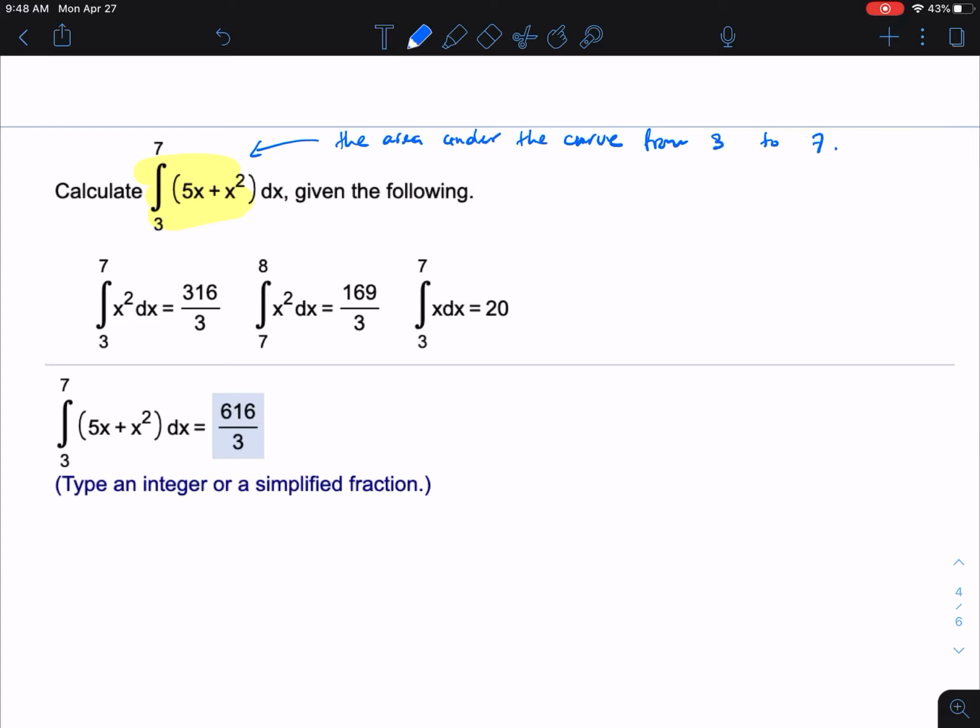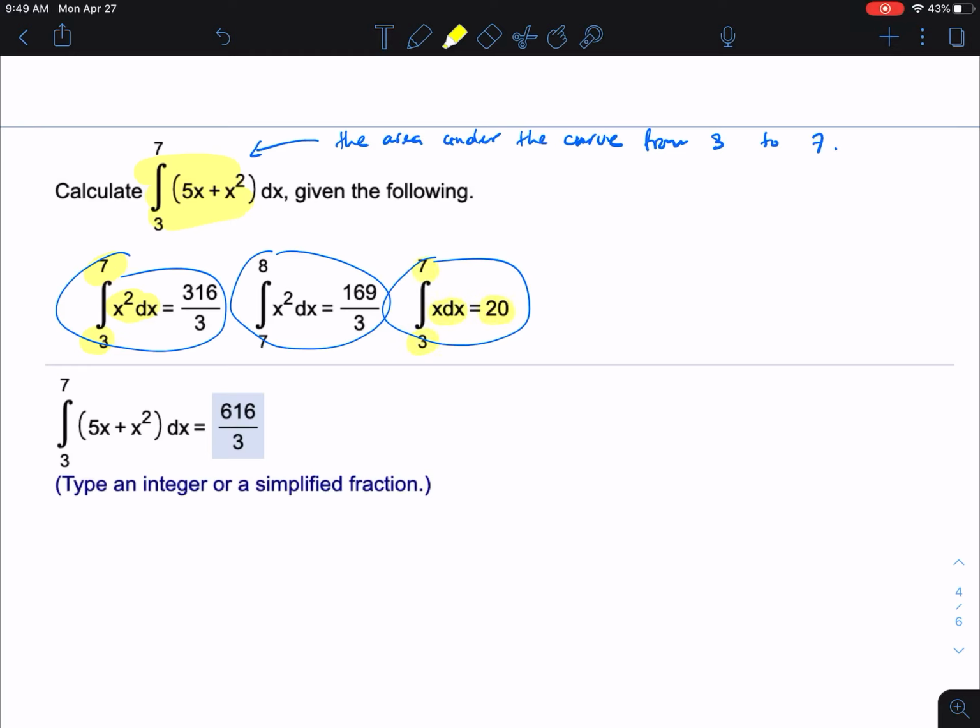Well, unfortunately, we're not given any of those. We're given something else slightly. We're given the area under the curve of x squared from 3 to 7, so the limit is matching. And we're also given that the area under the curve of the x graph from 3 to 7 is 20.